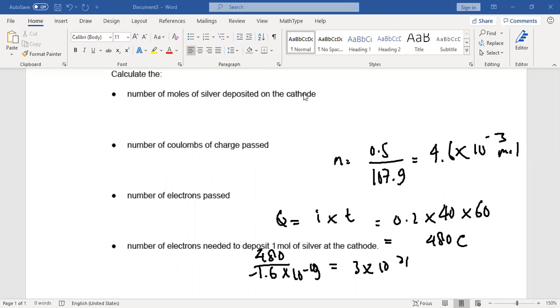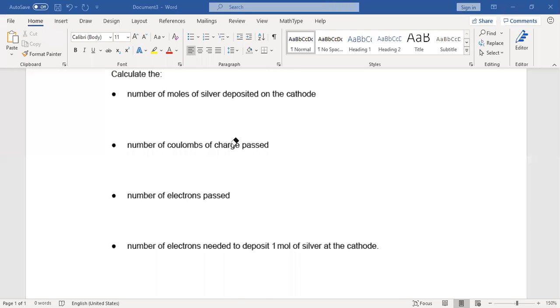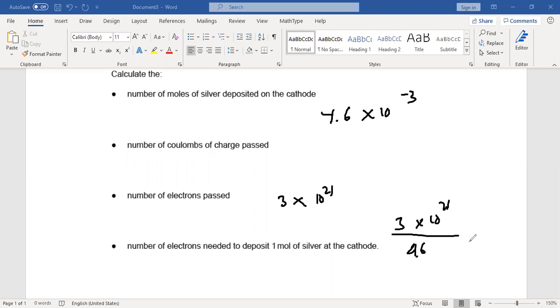So here the number of electrons passed is 3 × 10^21, but that is for 4.6 × 10^-3 mol, so it is 3 × 10^21 divided by 4.6 × 10^-3. Then I will have 6.5 × 10^23. So this is the number of electrons needed to deposit 1 mole of silver at the cathode.